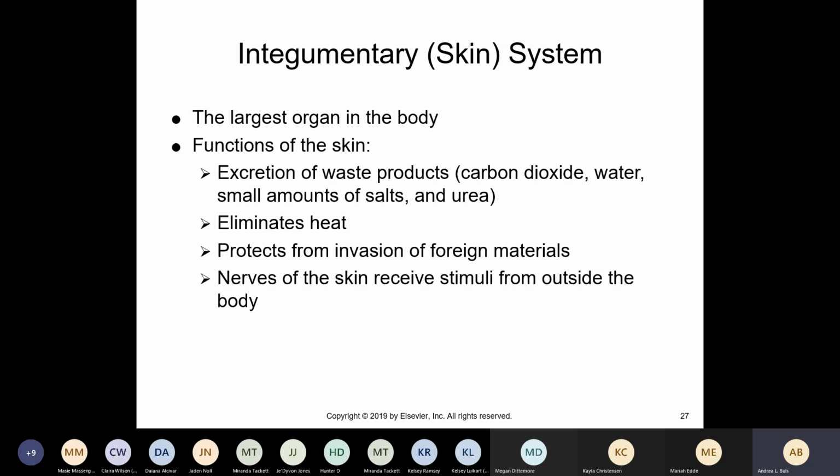Again, the skin system or integumentary is the largest organ in the body, and its function is to excrete waste products, whether that be carbon dioxide, water, salts, or urea. It also eliminates heat through perspiration. It protects from the invasion of foreign materials. That's why we don't like to have cuts on our hands or our skin. And nerves of the skin receive stimuli from outside of the body.